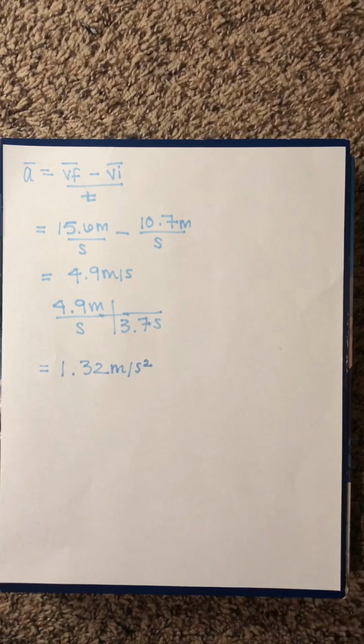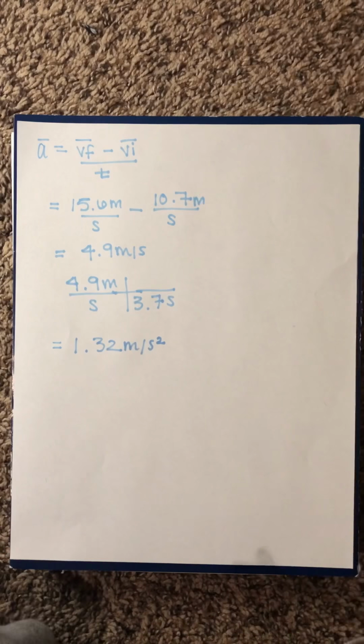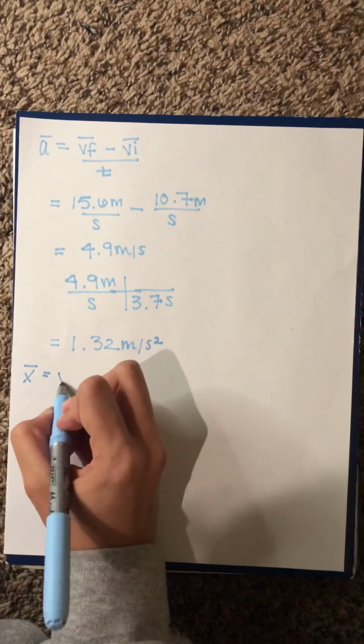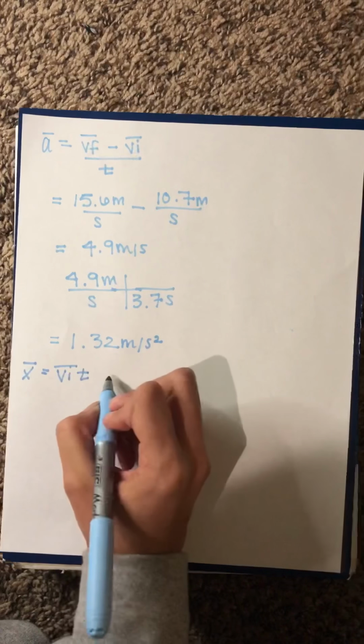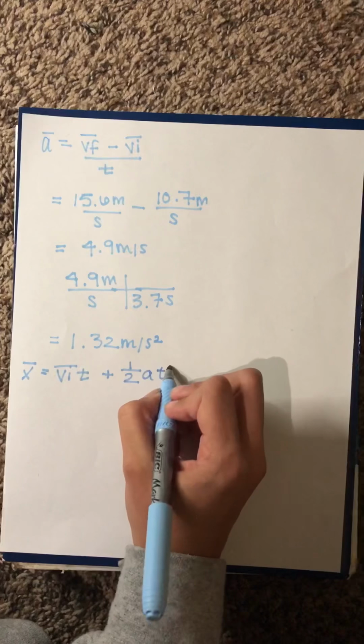Now that we have gathered the information to find the acceleration for go-kart 1, we can find the displacement that it traveled in that time. So again, we know x equals vi times time plus 1/2 a t squared.